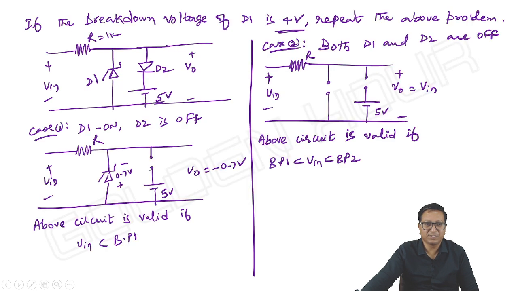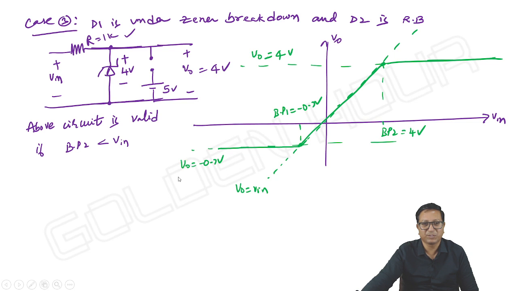Ultimately, what we can do is, instead of this 5 volts, I can place even a GNR diode. What I mean to say is, here itself I would like to discuss all these points. Let us take this problem.